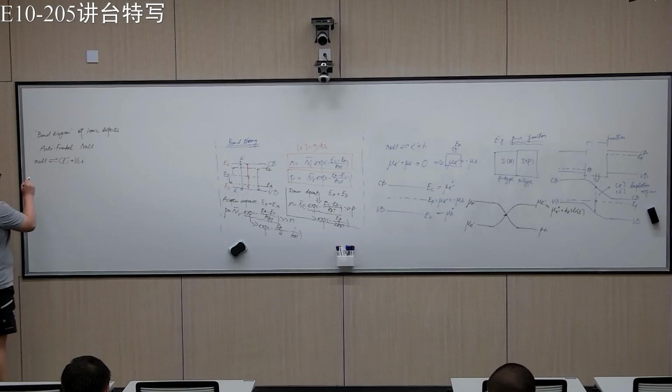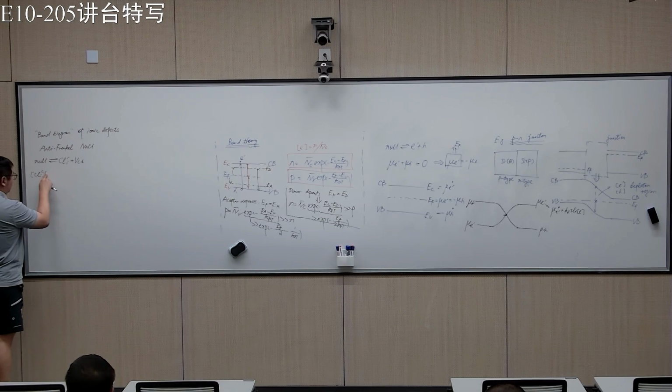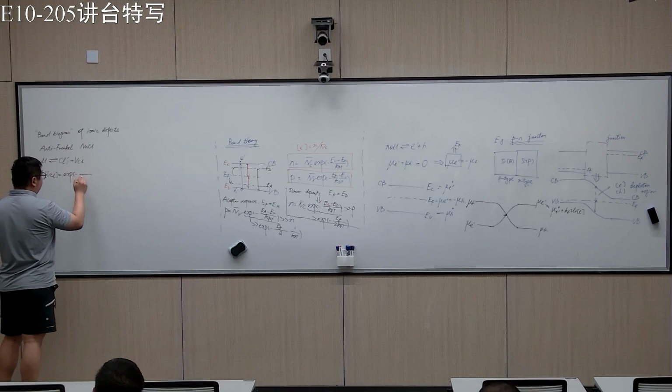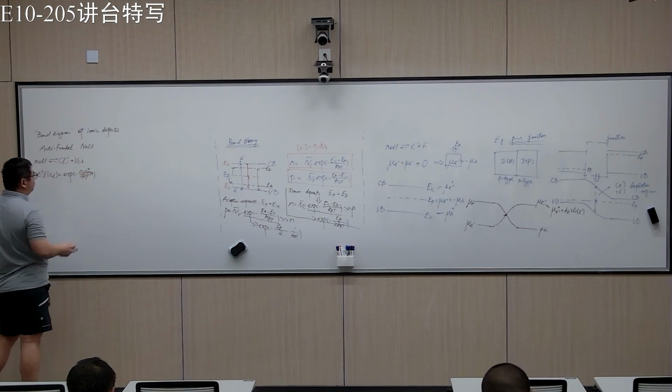So of course, the concentration can be something like this, should be potential minus RT delta mu reaction.